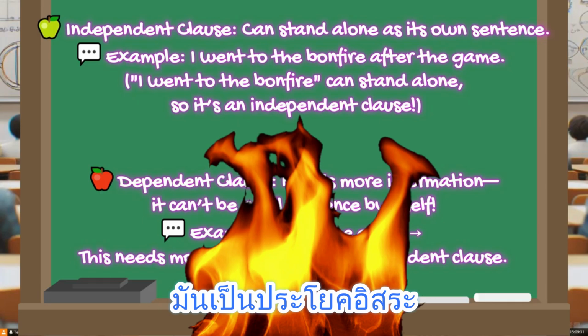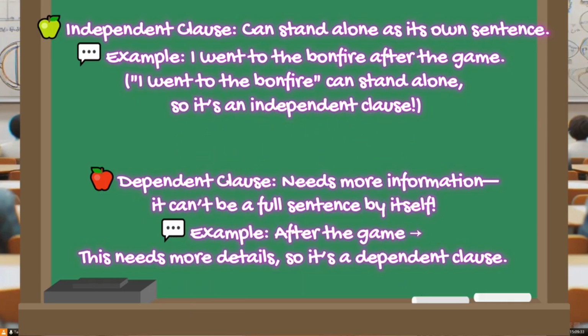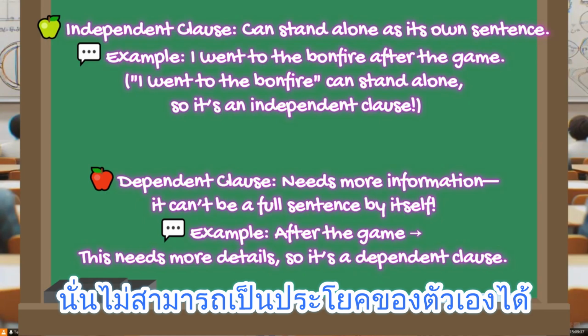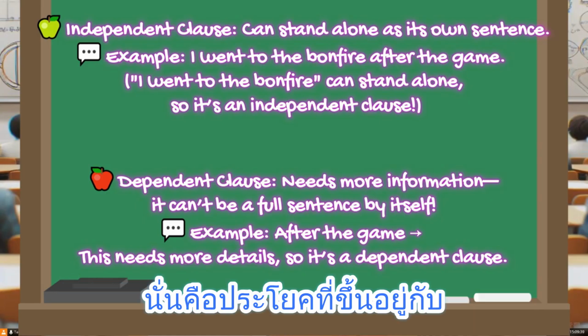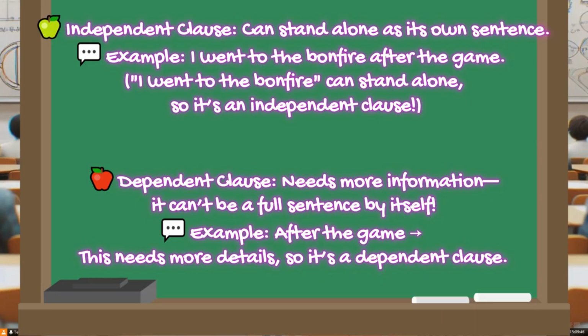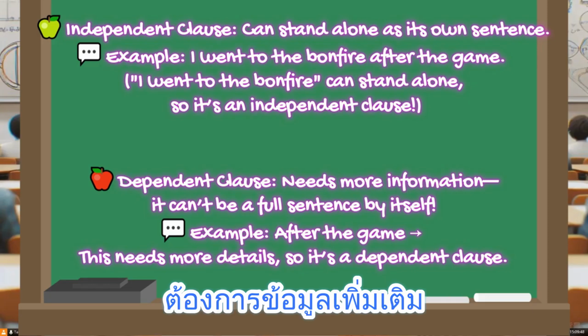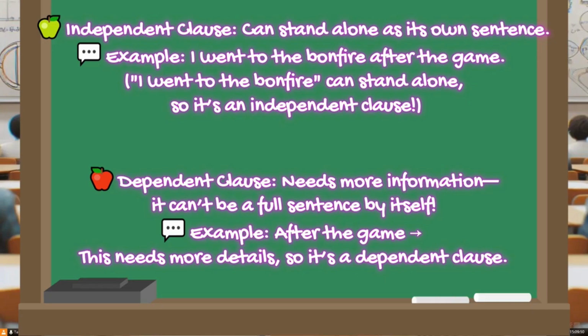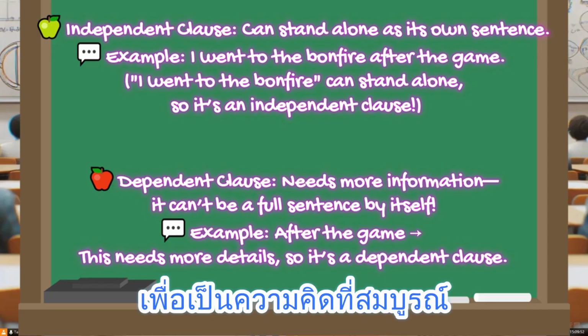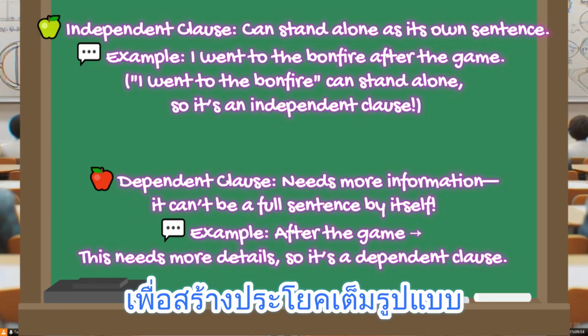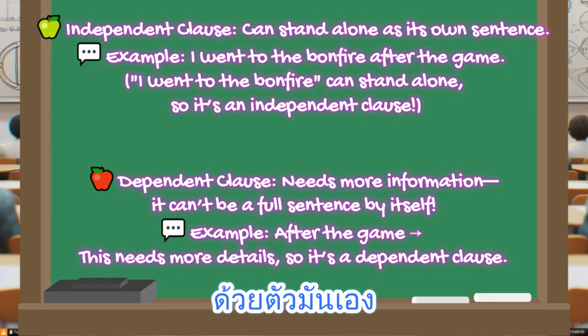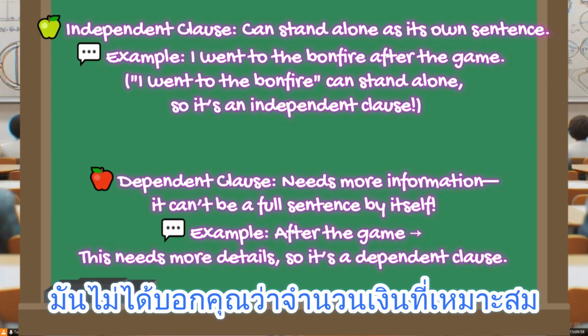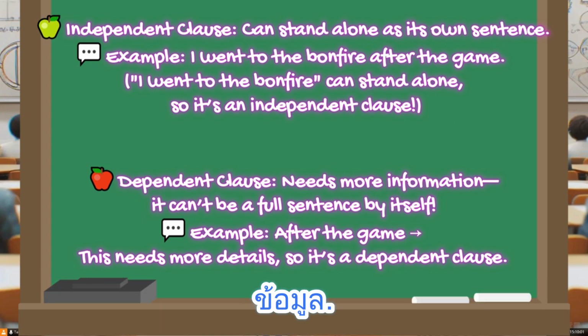It's an independent clause. After the game, that cannot be its own sentence, so that's a dependent clause. A dependent clause needs more information to be a full idea, to make a full sentence. By itself, it does not tell you the proper amount of information.